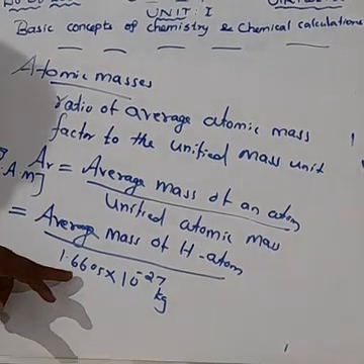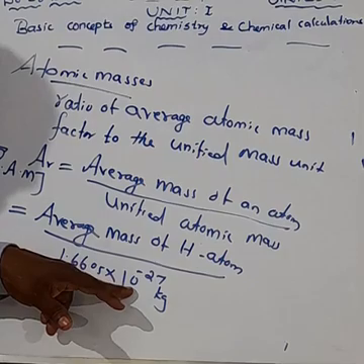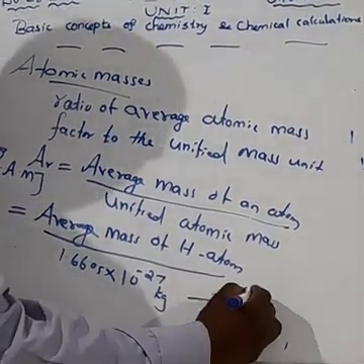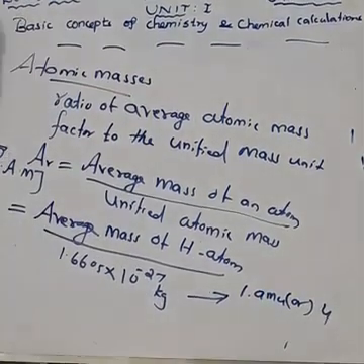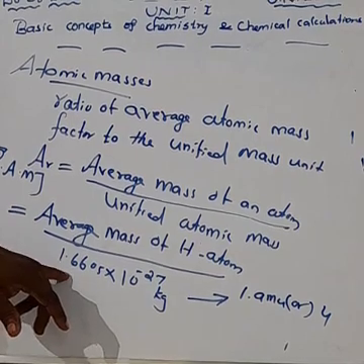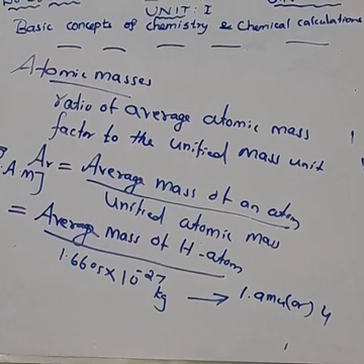What is 1.6605 × 10^-27 kg? It is 1 amu, one unified atomic mass unit.